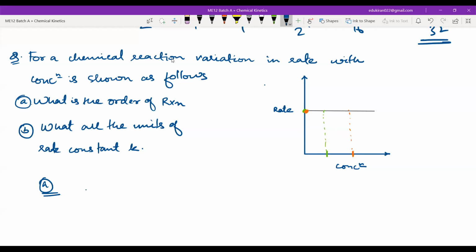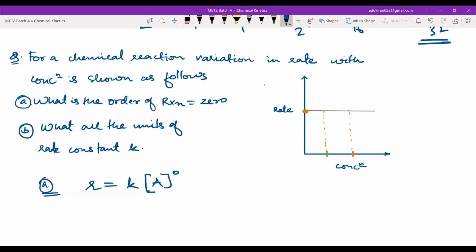So for A answer, what you will write, rate is equal to K into the concentration of reactant, and this is independent. That is why 0. It is only dependent on the rate constant. It is not dependent on the concentration of reactant. That is why the power of the reactant will be 0. So what is the order of reaction? Order of reaction is 0 order.